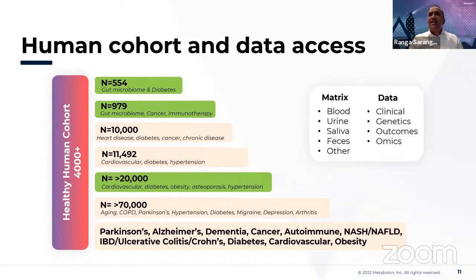Human cohorts can be as small as about a few hundred, whereas several of the population health cohorts, which are present in foundations and academic settings, can reach several thousand or tens of thousands, and embedded within them, especially for chronic diseases like heart diseases, Parkinson's, Alzheimer's, or cardiovascular obesity. They are all polygenic, multifactorial, for which there is no real understanding of the correlation or the association between the genetic susceptibility and the actual causation of the disease.